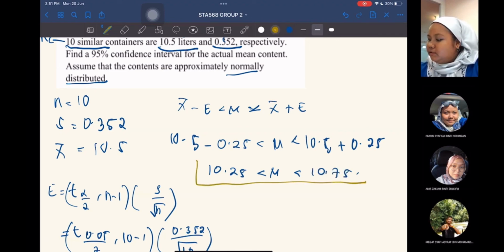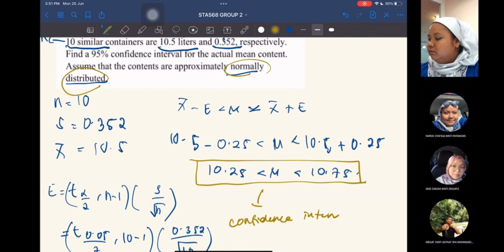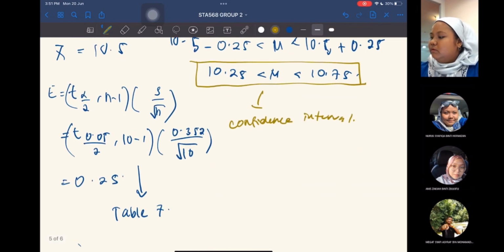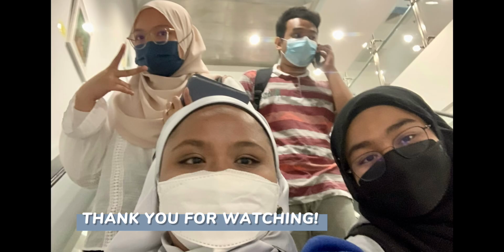This is our final answer because it only needs to be approximately normally distributed. So this is our confidence interval. Or to understand it better, our lower CI, which is the confidence interval, is 10.25 and the upper CI is 10.75. So that's all from us. Thank you.